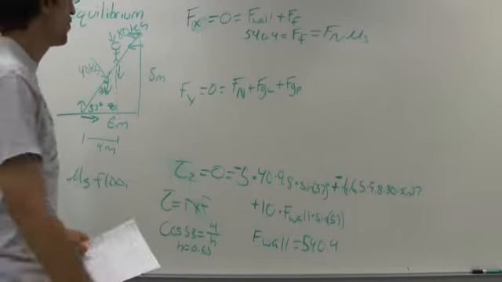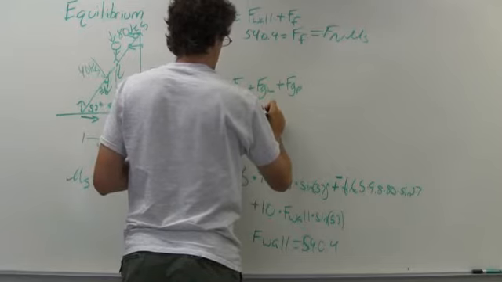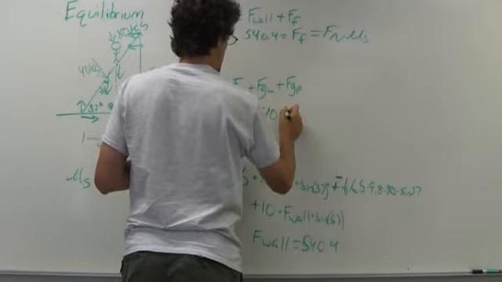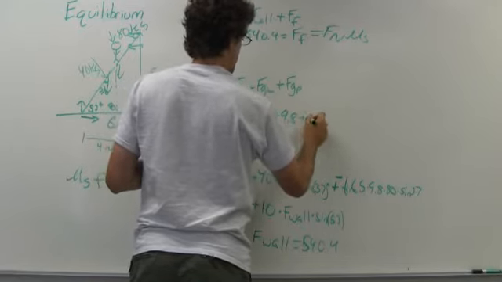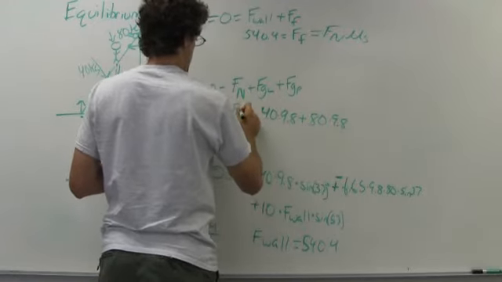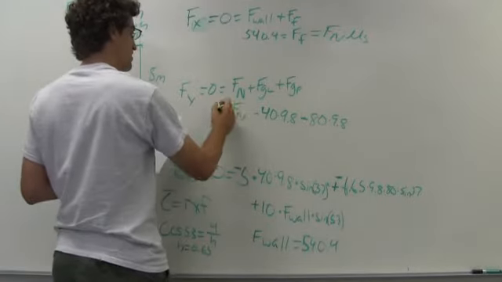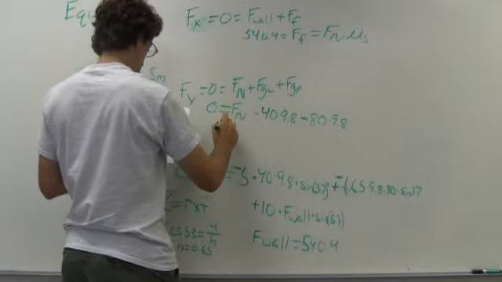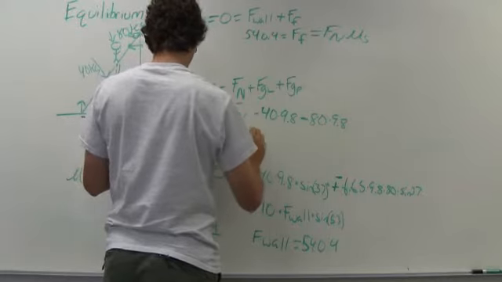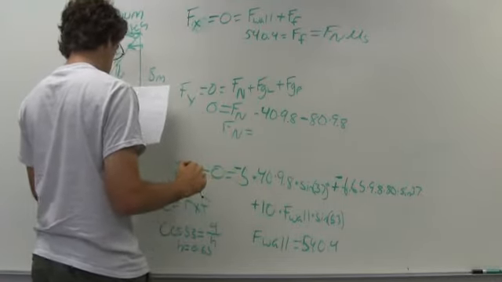The way we find the normal force is from here. You know what this is? 40 times 9.8 plus 80 times 9.8. And both of those are actually going to be negative, again, because they're downwards. And that equals 0, and Fn is going to equal something I didn't write down.